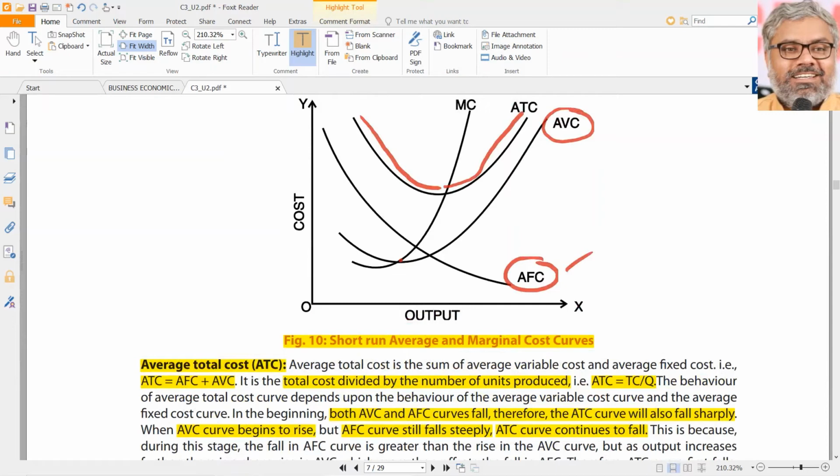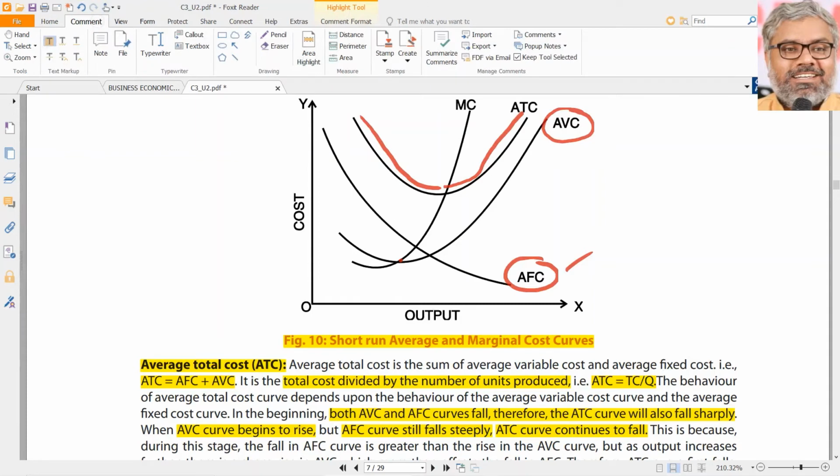That you can observe, because average variable cost started increasing here itself, but average total cost started increasing only here. Still, the average total cost was further falling even after the average variable cost started increasing. Why is that? Because of average fixed cost, which is always falling.